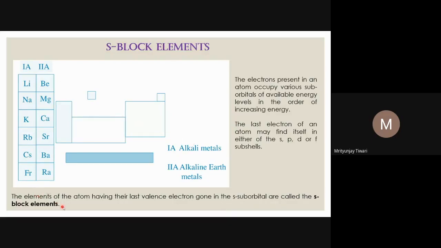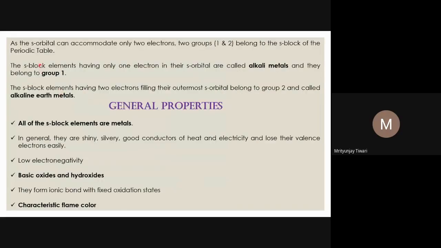The elements having their last valence electron in the S subshell are called S block elements, and these S block elements are only the first two groups. As I said, the S orbital can accommodate only 2 electrons because it has only 1 orbital, and 1 orbital can have a maximum of 2 electrons only.